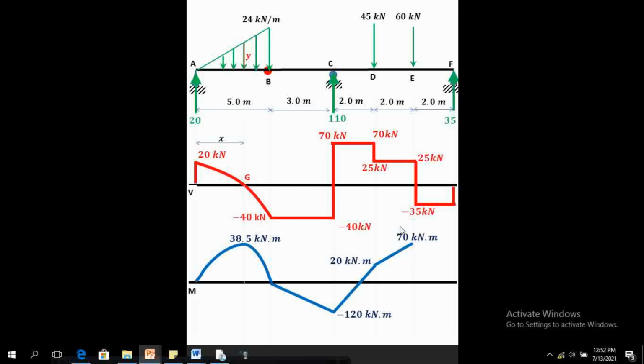Again, nag-end ako kay 70. Since nasa baba yung rectangle, 70 minus this area, 70 minus 35 times 2, that is 0. Again, nag-start ako kay 0, nag-end ako kay 0. So, this is how my shear and moment diagram looks like for illustrative problem number 2.